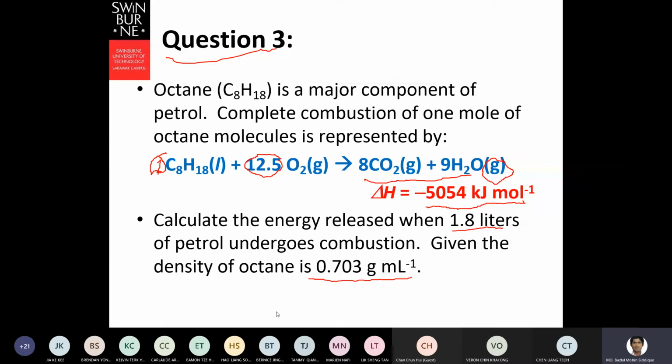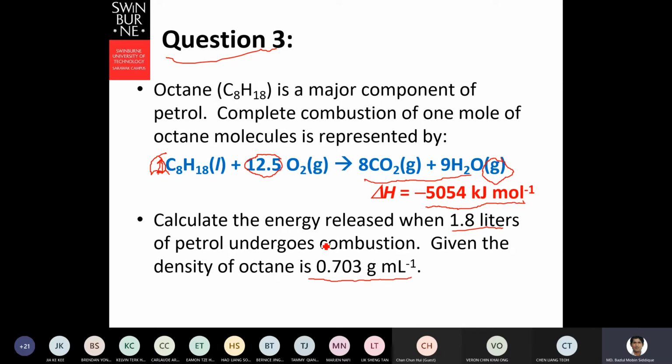What will be our strategy? Of course, I already told you that 1 mole produces 5054 kilojoules. So 1.8 liters means how many moles of octane? How do we find the moles of octane?